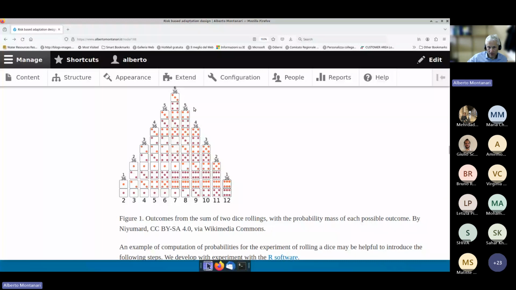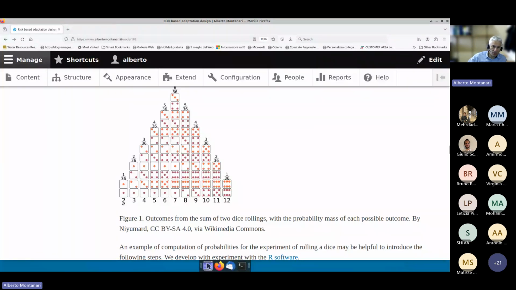So complete this understanding. Complete it, okay? And you will see that the possible outcomes are those listed here on the horizontal axis. The max is 12, of course, only one possible combination, 6 plus 6. And you will see that the sum of these individual probabilities must be 1.